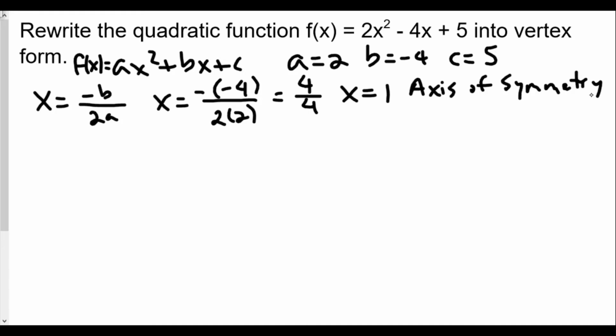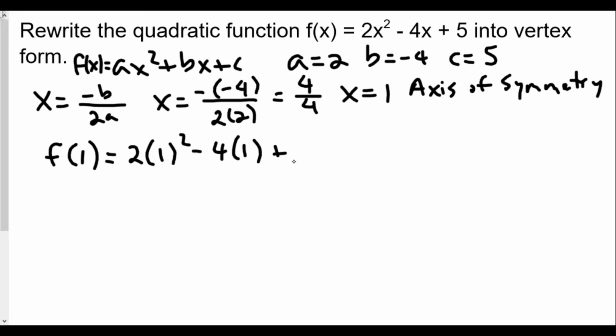Our next step is to plug in our value of 1 into the function. So if f of x equals 2x squared minus 4x plus 5, we'll do 2 times 1 squared minus 4 times 1 plus 5. And we find this to be 1 squared is 1 times 2 is 2. 4 times 1 is 4, so 2 minus 4 plus 5.